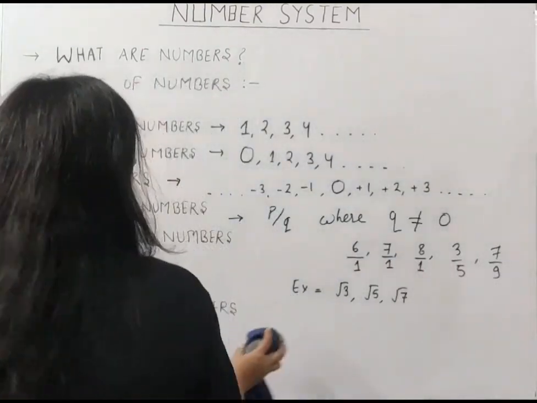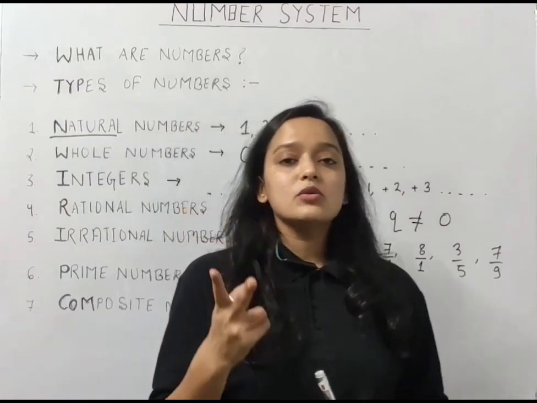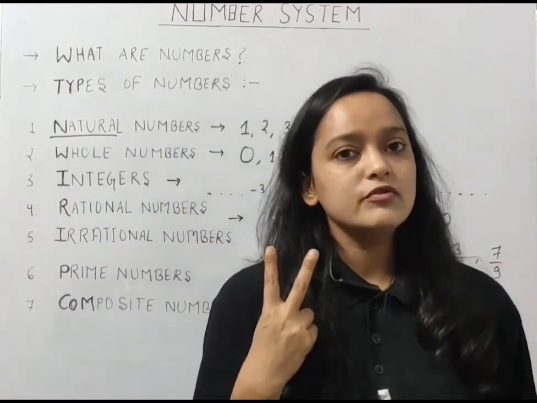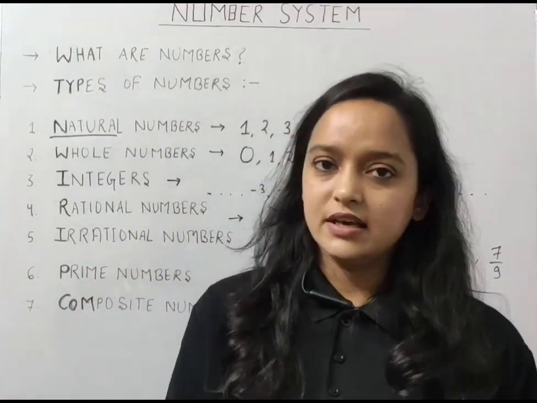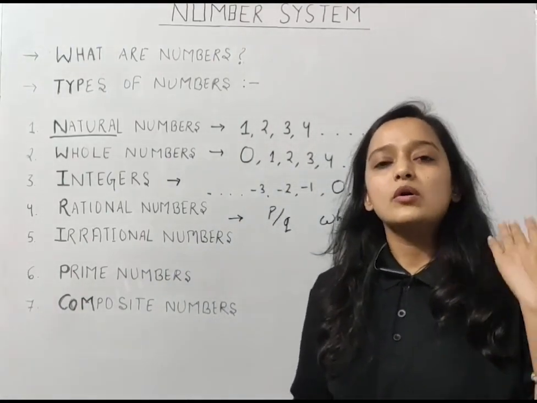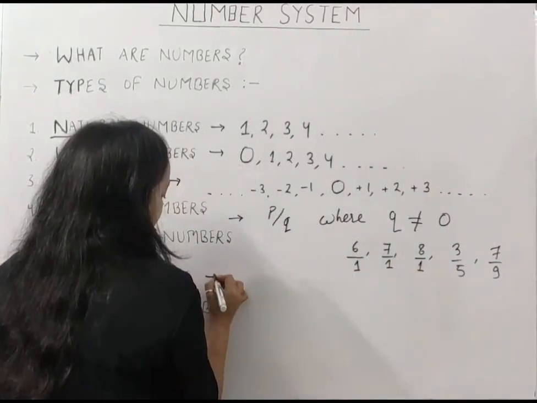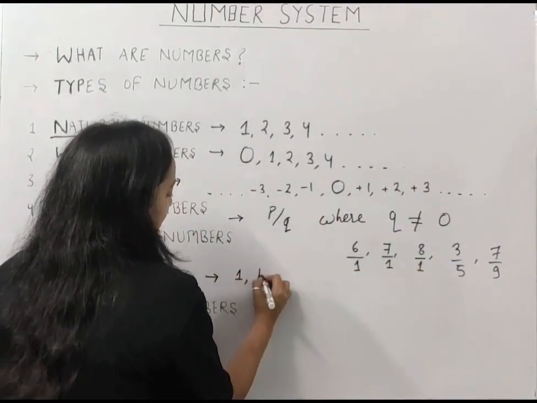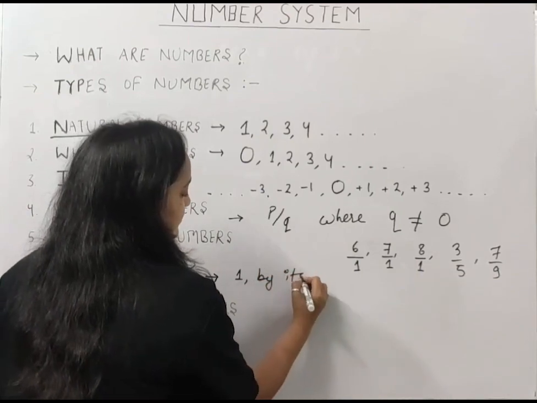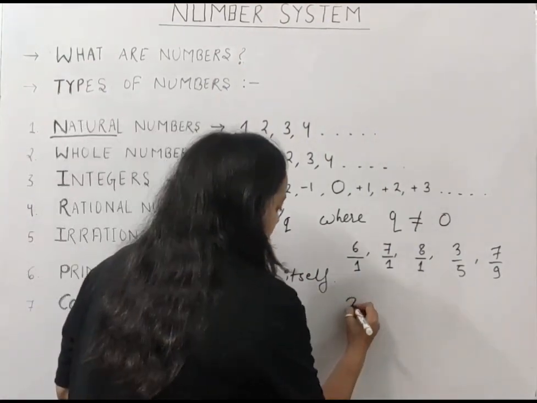Okay, now what are prime numbers? Prime numbers are those numbers which have only two factors. Or we can say prime numbers are those numbers which are divisible only by 1 or by itself. Clear? Like I am writing 2.